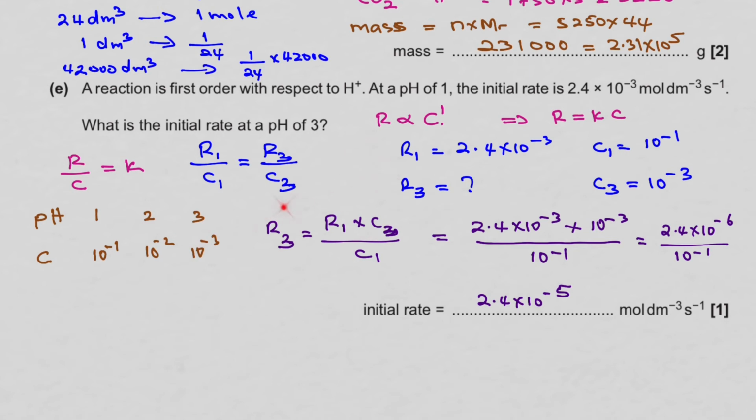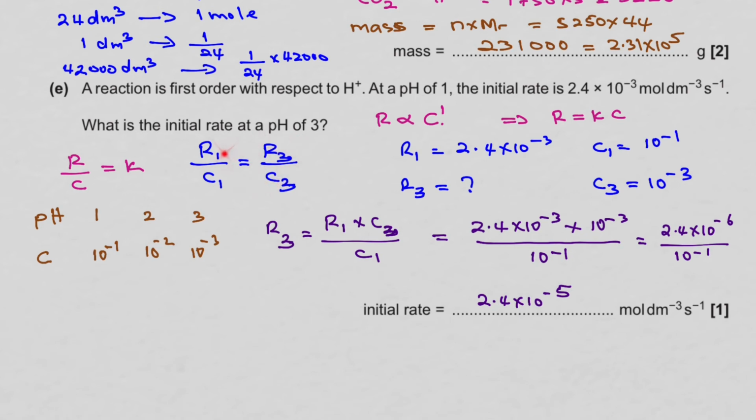So what I'm going to do now is, the rate at pH 1 is 2.4 times 10 to the power minus 3. Concentration of H plus is 10 to the power minus 1. We need to find the rate at pH 3. We know the concentration at pH 3 is 10 to the power minus 3. So we want to find that.